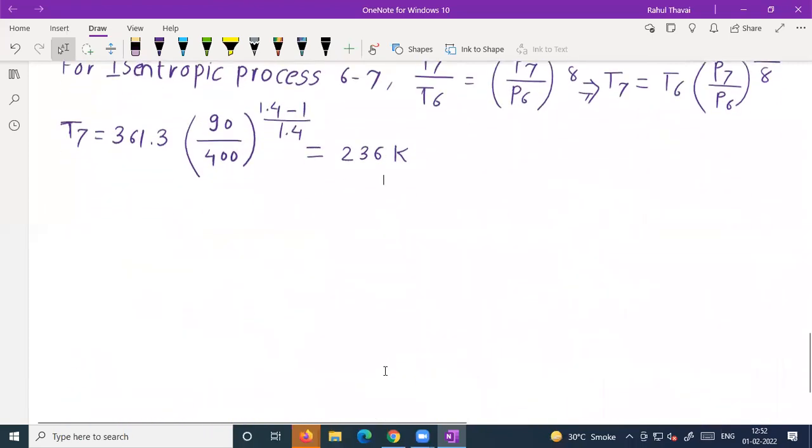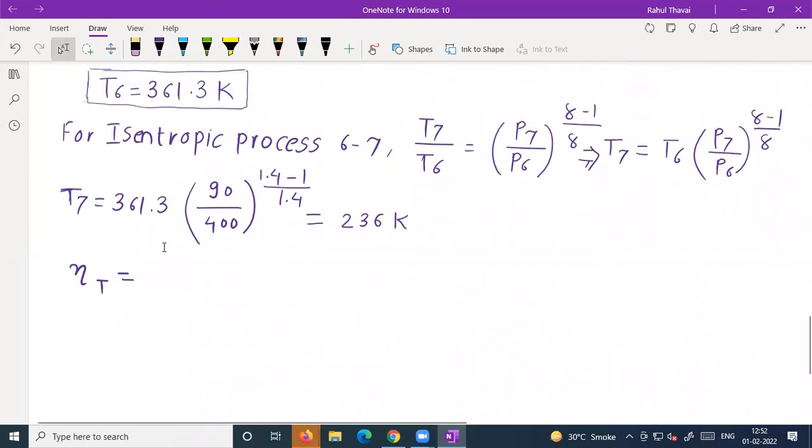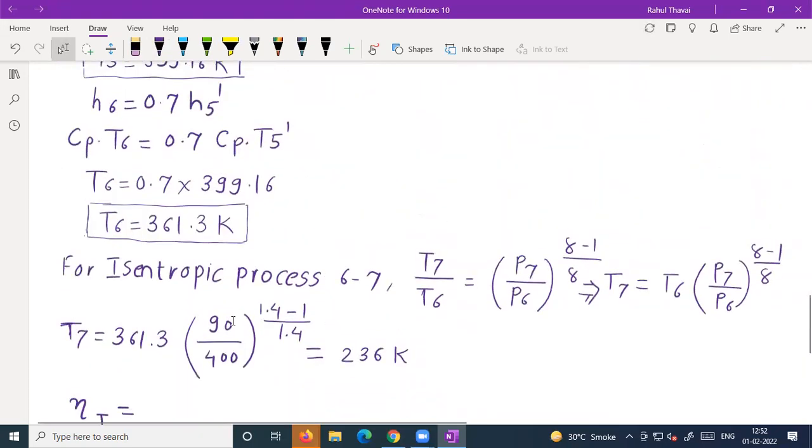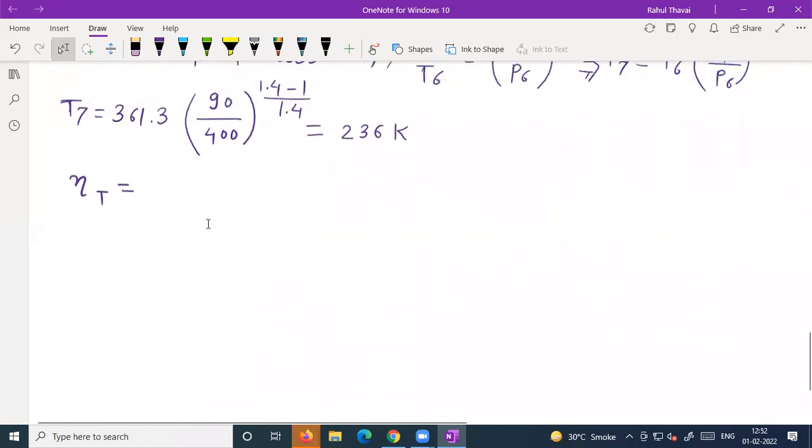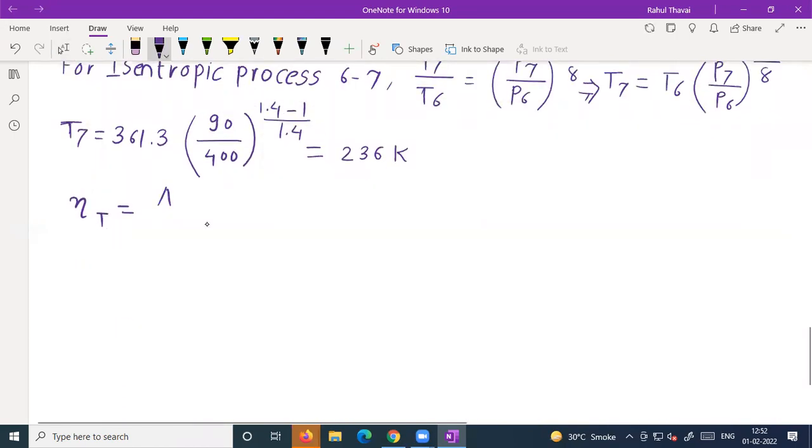The efficiency of the turbine is the exact reverse of the compressor formula. For the compressor it is isentropic by actual, but for the turbine it is actual by isentropic.